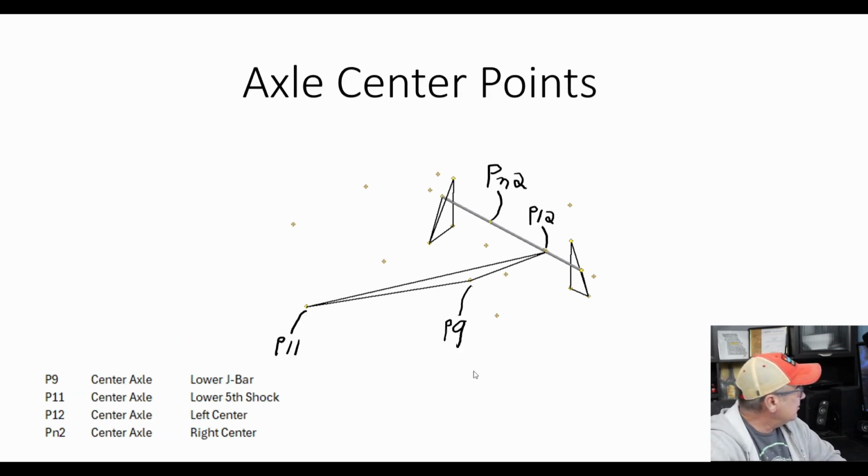And our axle center point, we have our lower J-bar mount, and so this would be where that J-bar mounts to the bracket of that axle assembly. At point 11 is the lower heim joint of that fifth coil or fifth arm coil spring. And then point 12 and PN2 are basically those points along the axle where we made that break.